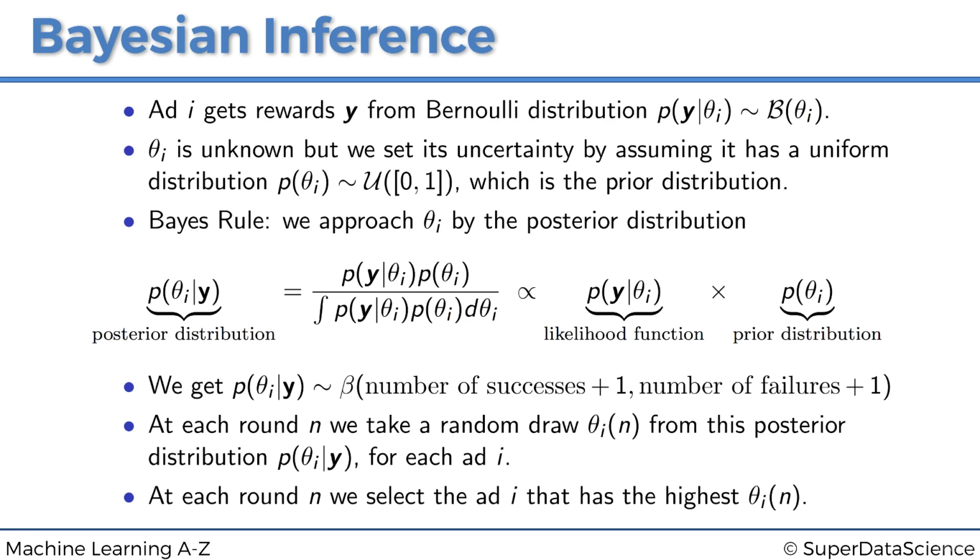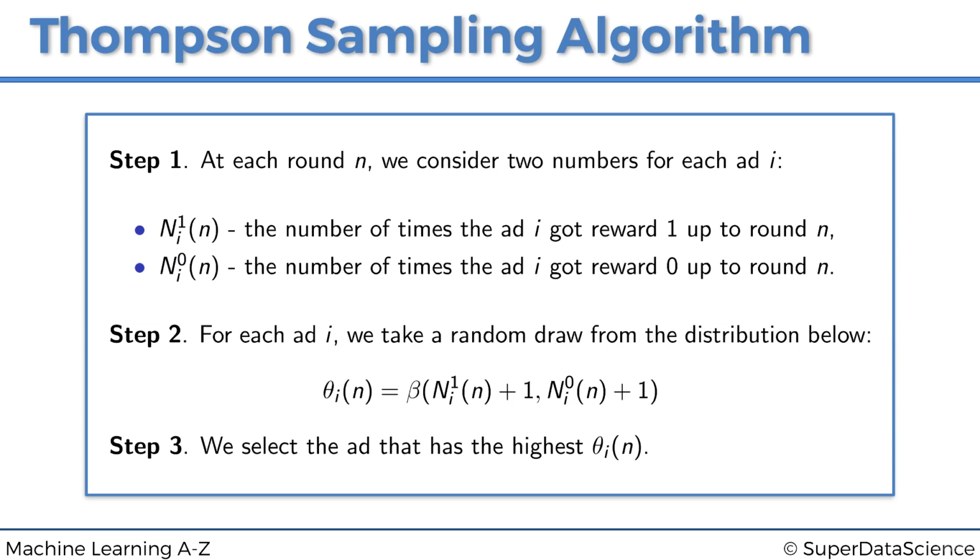But when we take these random draws over thousands of rounds, just based on the essence of probability, we obtain overall the theta that corresponds to the ad that has the highest probability of success, that is the highest probability of getting reward equals 1. And that's the idea behind Thompson sampling. And by the way, taking this maximum of these random draws, that is this maximum of these estimations of the probability of getting reward equals 1, that's nothing else but step 3.